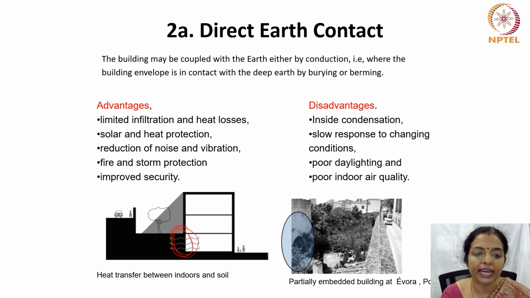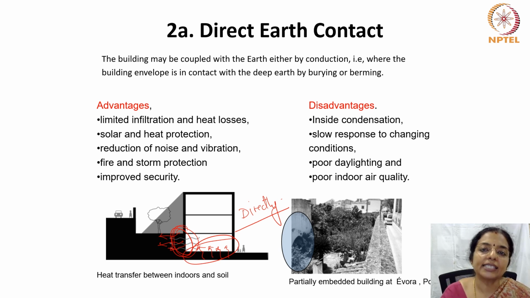There is direct contact of the building with earth, and the building gets its coolness or it sheds its warmth to the soil directly. There are no buried pipes or anything like that. Directly it sheds or directly it sends the heat to the soil.